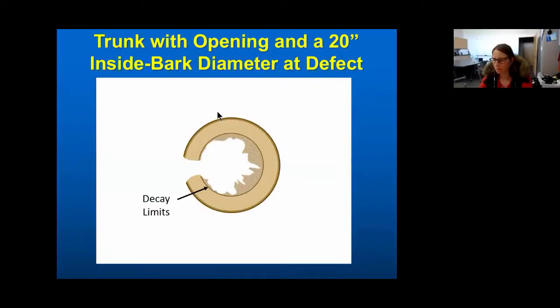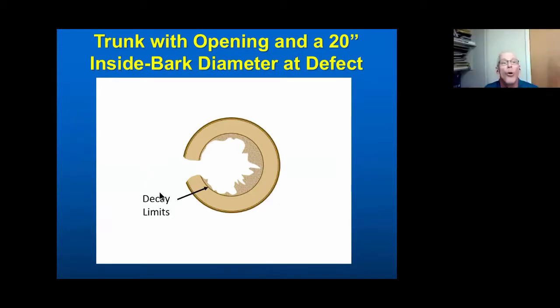Okay, so these are the pictures that I was going through, and there are two different ways that we need to be thinking about this. One without openings and one with openings. And I'd asked you to please think about the total diameter of the tree versus just the shell.